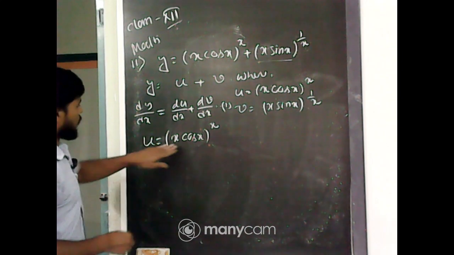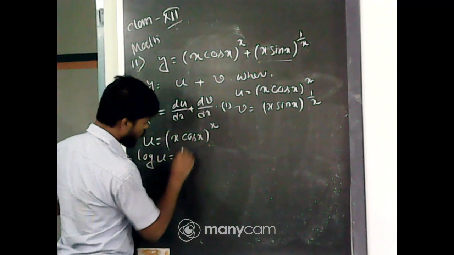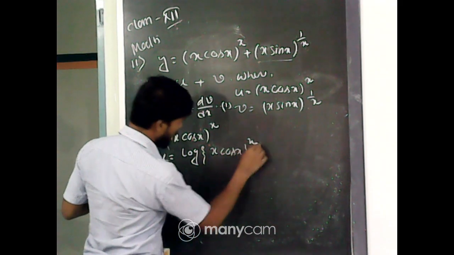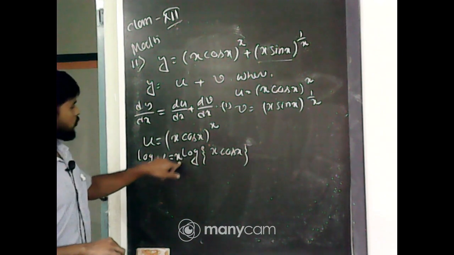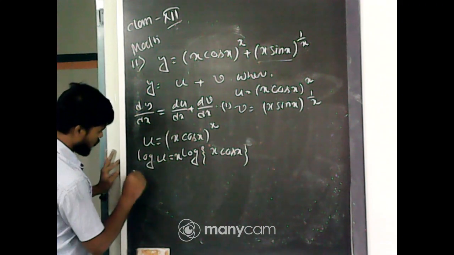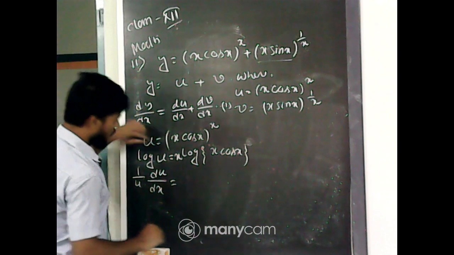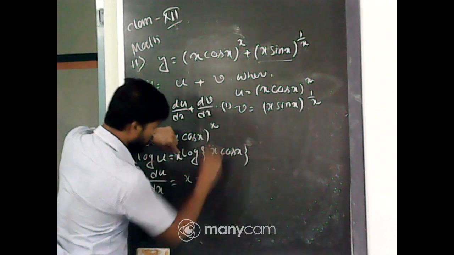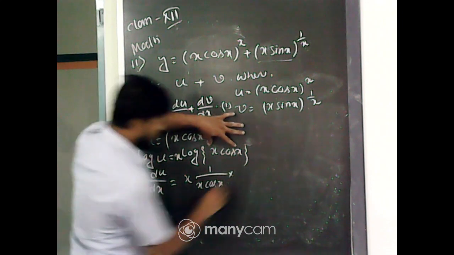Okay, now taking log, we have log u is equal to log of x cos x to the power x. Now in the next line this x comes here. So log u equal to x into log of x cos x. Now calculate the derivative of this. So 1 by u du dx is equal to, let this be the first function, make it constant, into the derivative of this. So the derivative will be 1 by x cos x into the derivative of this.